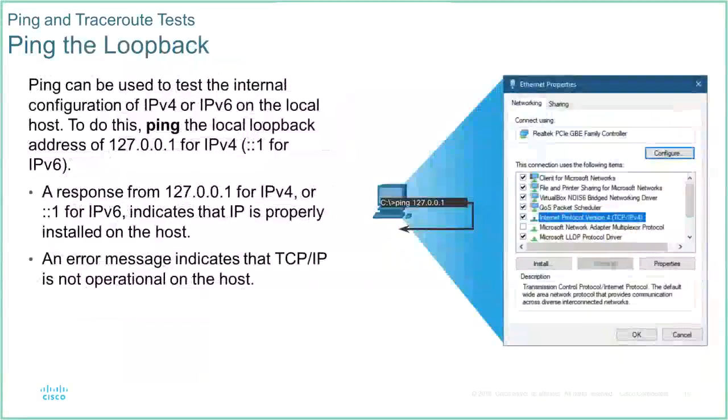One of the ways we can test whether our network card is working on a device, besides physically turning it around and looking at indicator lights, is to ping its loopback address. What happens is the mechanism for talking to the physical media is shunted back into the network card.